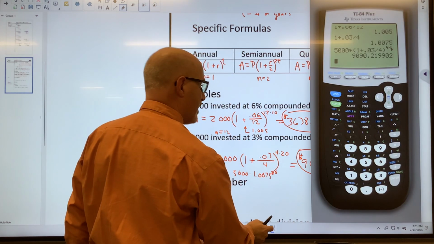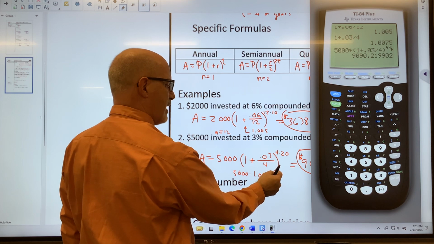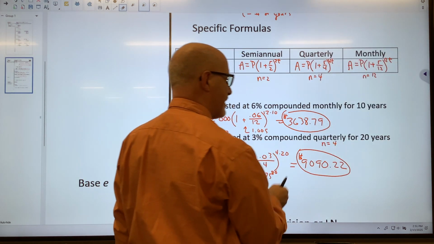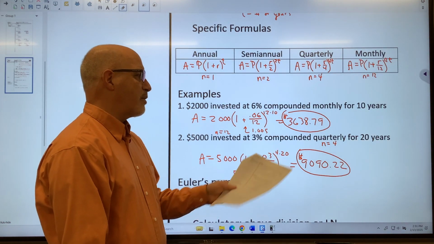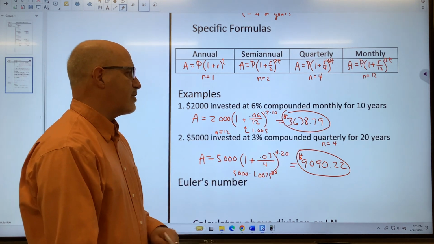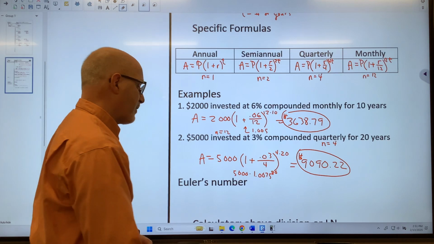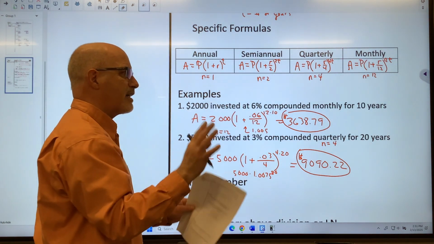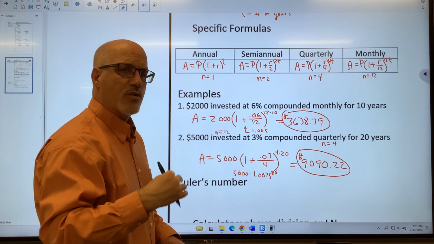So this part here can be rewritten as a base to an exponent, and then I've got the initial amount here. Notice how fast that goes up. For 20 years, I've almost doubled my amount, and that's only at 3%. Notice on this one, for just 10 years, I'm getting close to doubling my amount because the interest rate is higher. All right, so a basic concept here is the more we compound it, the faster your amount will grow.